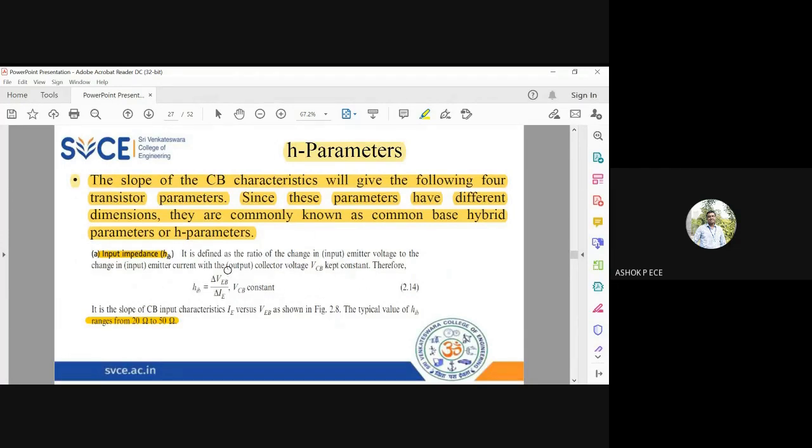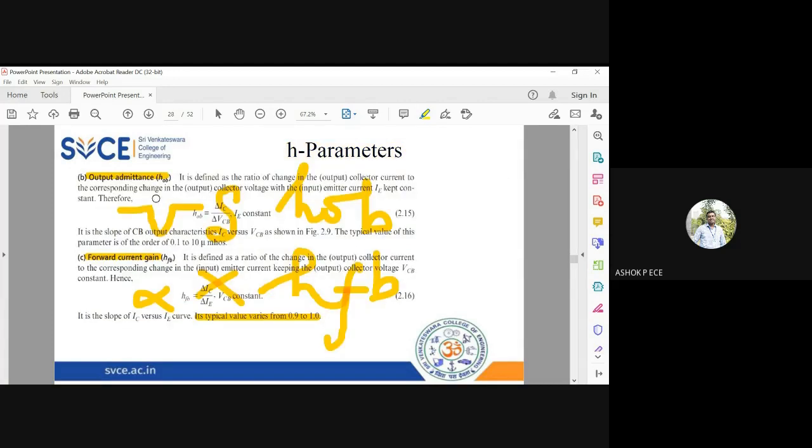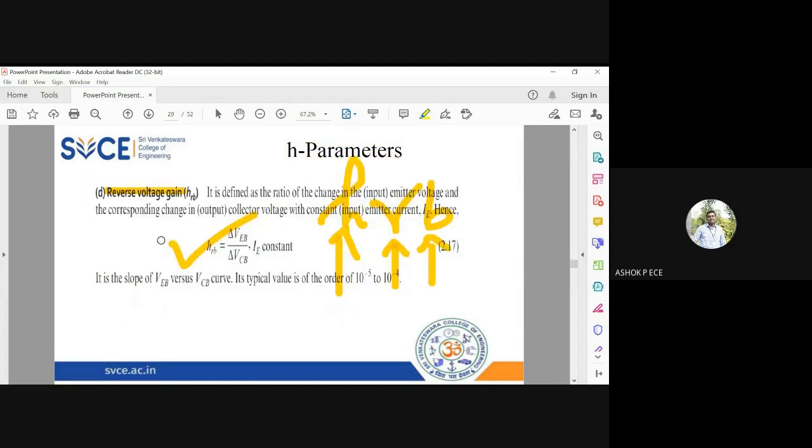So accordingly these expressions will change. Similarly for common collector it will change as HIC. Okay, and this expression will change. The basic names, input impedance, output admittance, forward current gain, reverse voltage gain, all these will not change. Only the formulas and how you write the H parameters are going to change for each of the configurations.